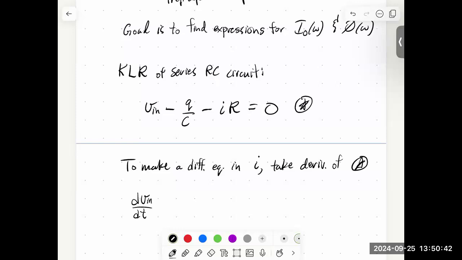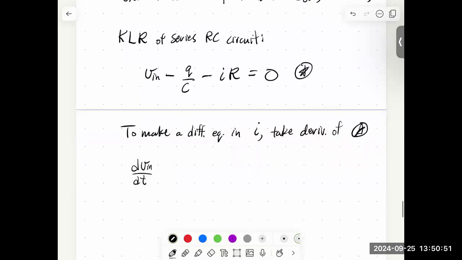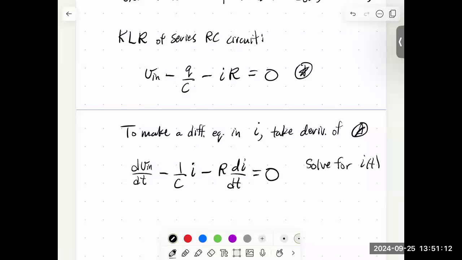Previously, if we did a derivative like this and we were using a battery, the battery output is constant, so we would get 0. But now we have a sine wave, and that's not a constant. Then we'd have minus 1 over C times the derivative of Q, which is the current, and then minus R times dI/dt, and that would be equal to 0. The goal is to solve for I of t, and we'll try to do that.